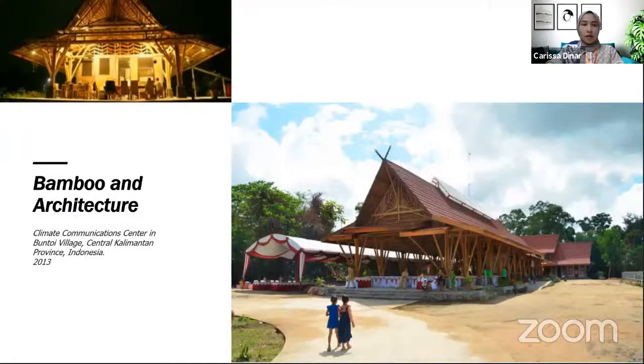After that, we have Indonesia's first climate communications center in the remote village of Buntoi on Borneo Island, Central Kalimantan Province, Indonesia. It was opened in 2013. The province's wetlands are under threat from heavy logging and unsustainable agricultural practices, which significantly contribute to Indonesia's greenhouse gas emissions.